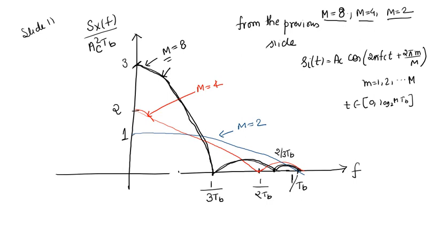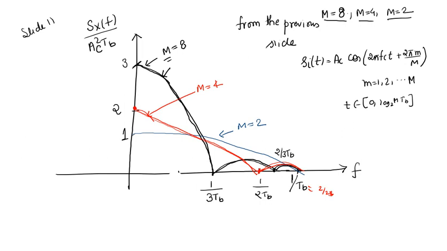And next, just look at the red portion or the red lines. It corresponds to M equal to 4, that is QPSK. So this value will be log2 M, that is 2. Log2 4 is 2, and the first null would lie at 1 upon 2 Tb, which is 0.5 upon Tb, and the second null would lie at 2 upon 2 Tb, that is equal to 1 upon Tb, and therefore the power spectral density would look like this.